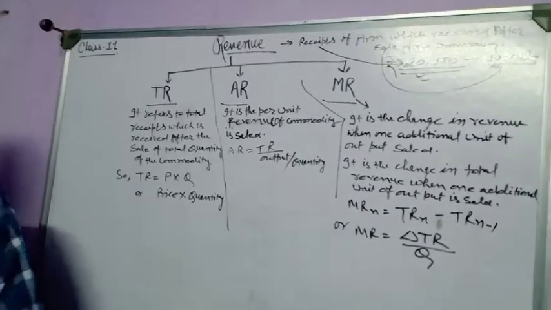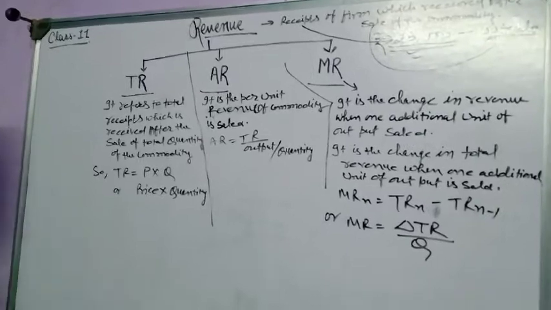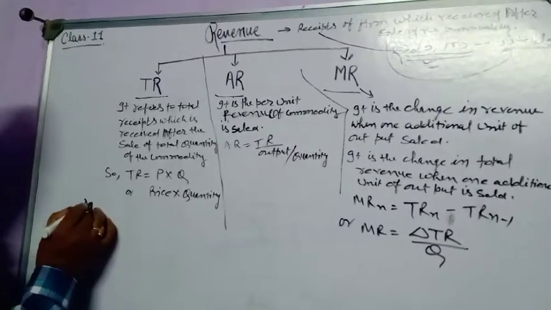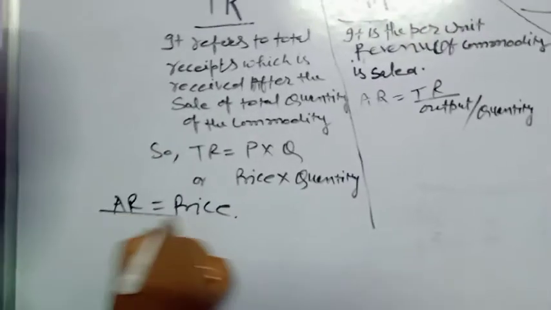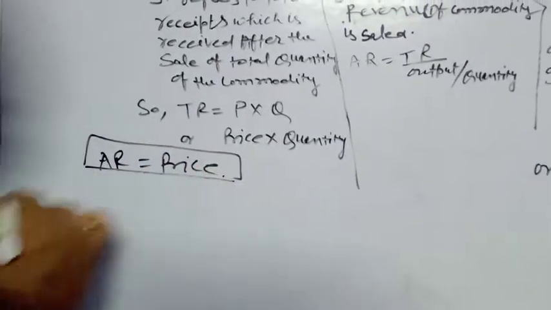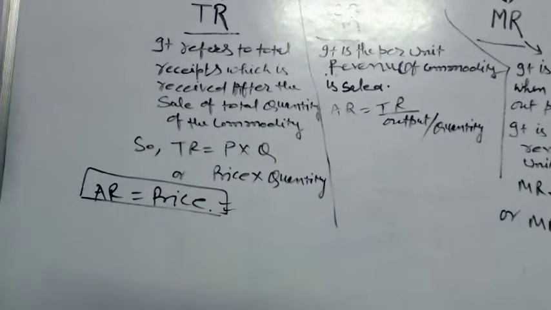Now come to the next. AR is equal to price. Is it clear? AR is also known as price. So how can we say that AR is also known as price?